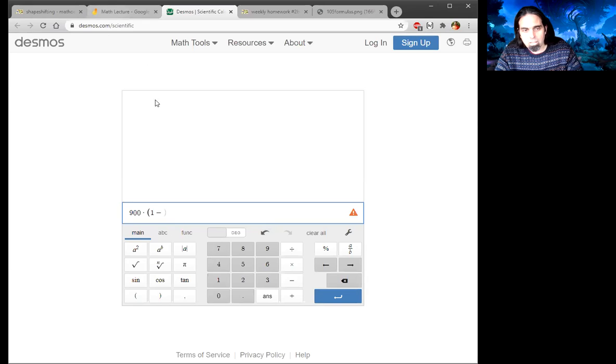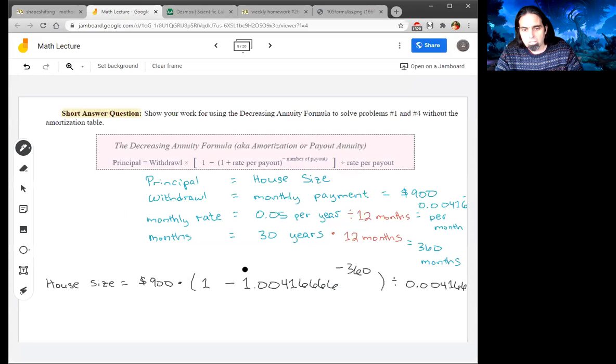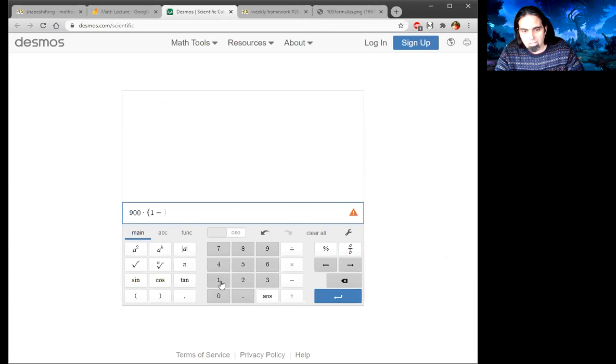So let's fix that. Okay, parentheses 1 minus, the 1 plus rate per payout is 1.0, nope, stop jumping out of parentheses. 1.0041, and then lots of sixes. Then I have an exponent, negative 360.